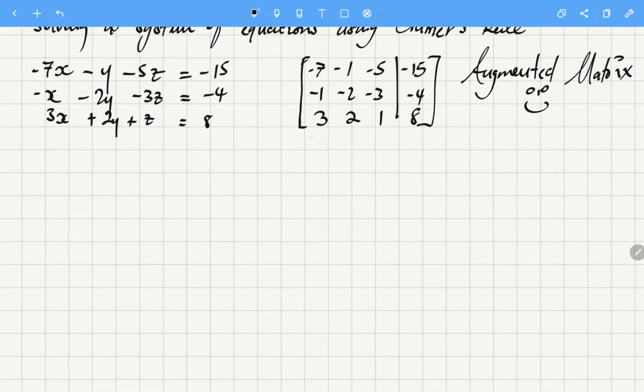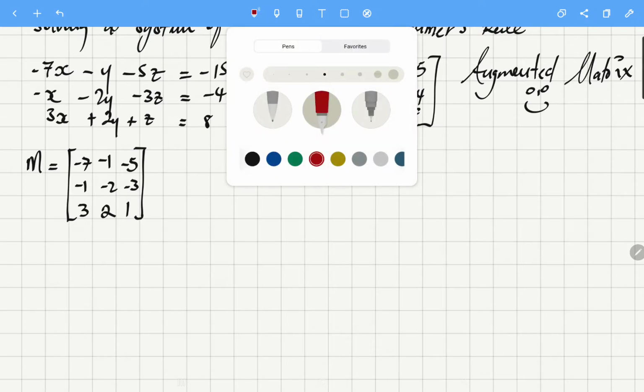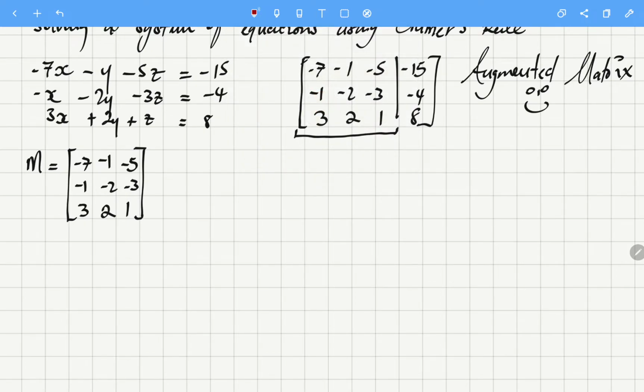So my first step is to find the determinant of this part of the matrix. I'll call that matrix M: minus 7, minus 1, minus 5; minus 1, minus 2, minus 3; and 3, 2, 1. I'm going to use the diagonal method to find the determinant.